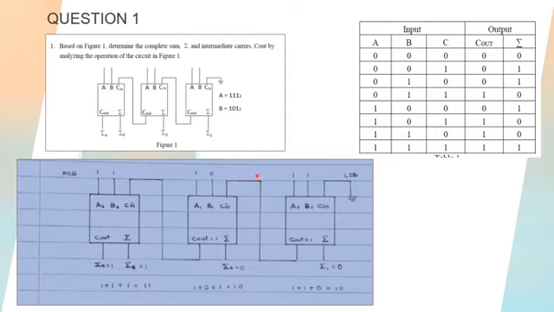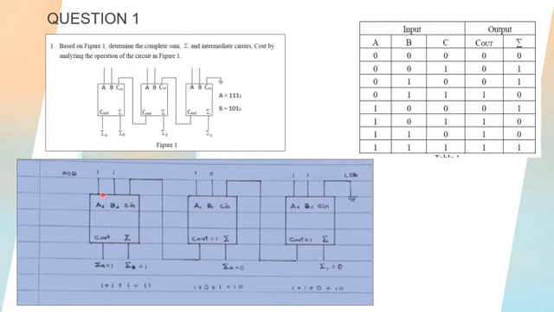Carry out 1 goes into C in of the second stage. So for this part, we need to sum 1 plus 0 plus 1 equal to 1 0. So the output of sum is 0, and the carry out 1 goes into the C in for part 3.